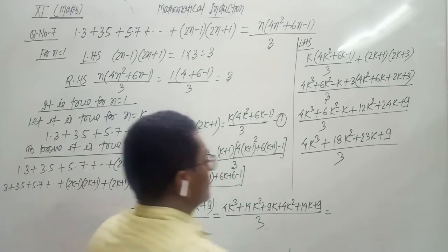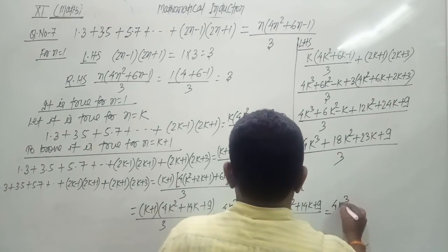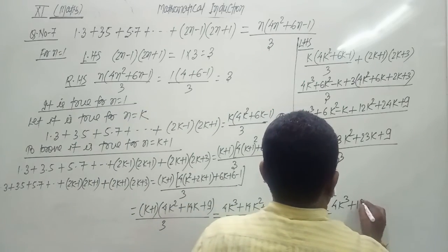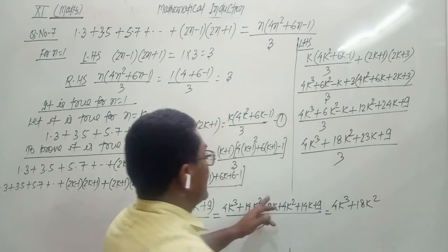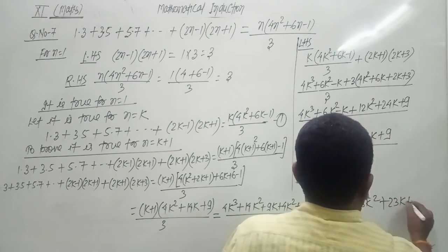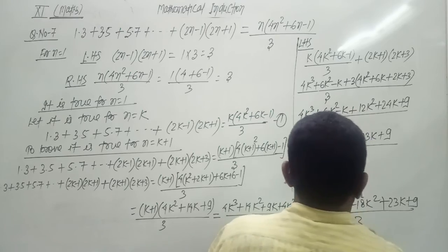Then 4k cube as it is, 14k square plus 4k square, 18k square and 9k plus 14k, 23k and plus 9 whole upon 3.